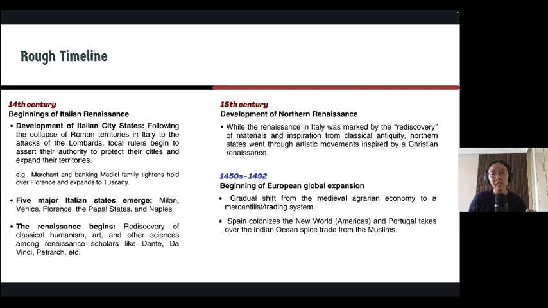So, what this means is we find a shift in certain states, particularly these large monarchical states, where they're shifting from a medieval agrarian economy to a mercantilist or trading system. So they still have an agricultural economy, but economic activities are added to it. So, as we know, Spain colonizes the New World or the Americas, and Portugal takes over the Indian Ocean spice trade from the Muslims.